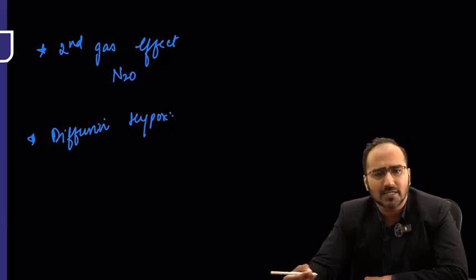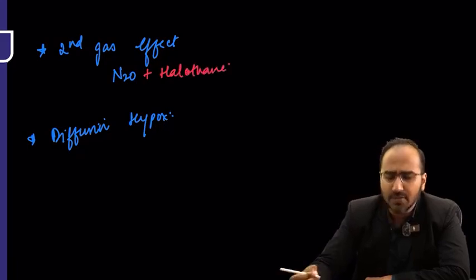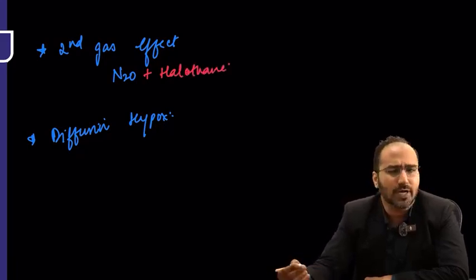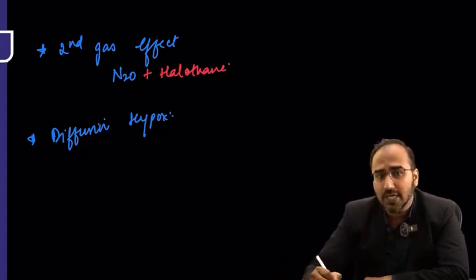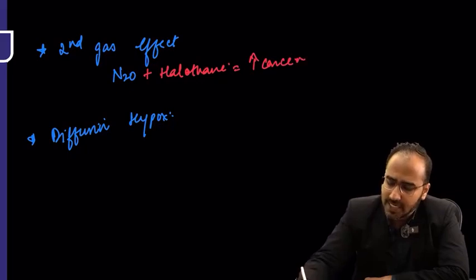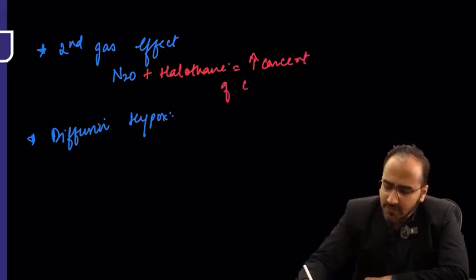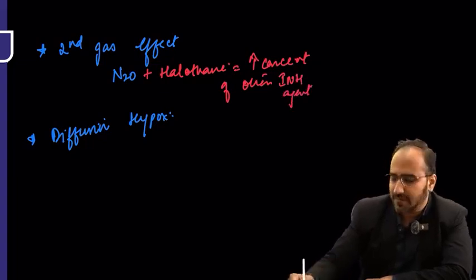As it is the least potent, it is always used as a carrier gas. So whenever you are using nitrous, you have to add one more inhalational agent. It could be halothane, sevoflurane, anything. Okay? So whenever you use nitrous with halothane or sevoflurane, nitrous will increase the concentration of other inhalational agent. That is second gas effect.